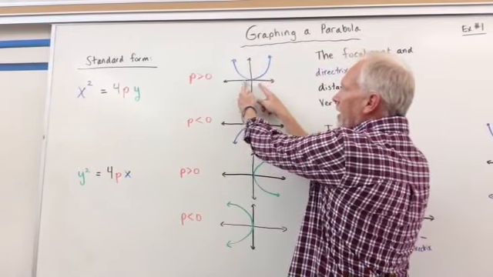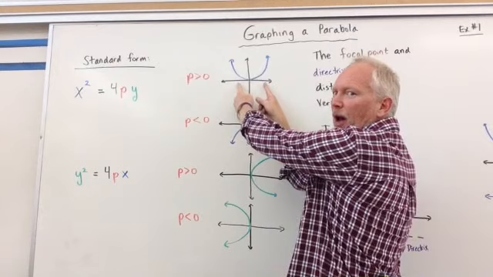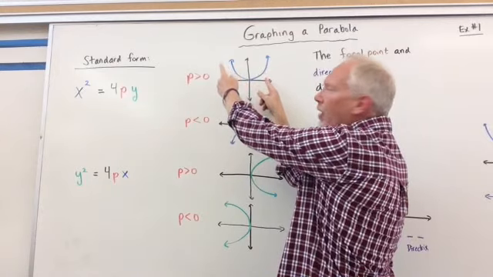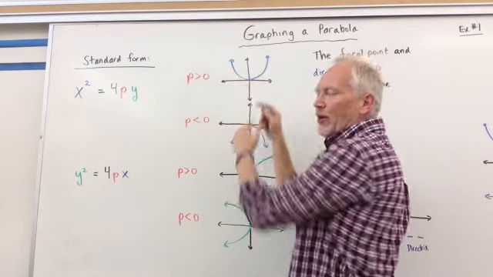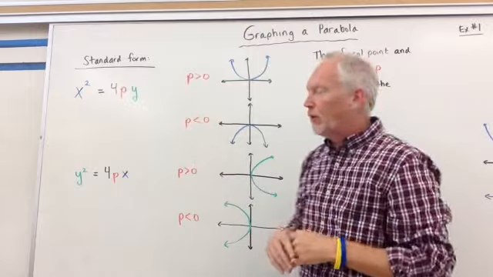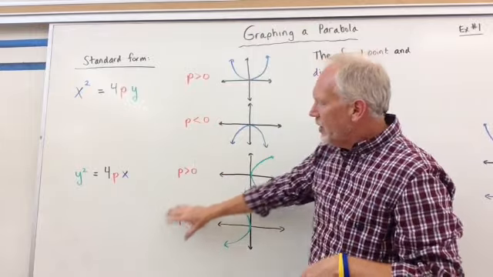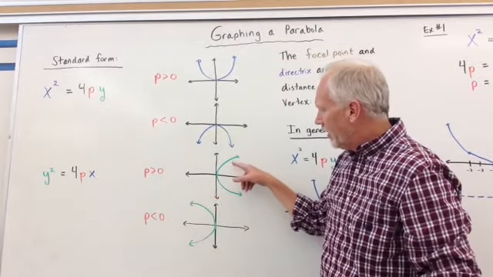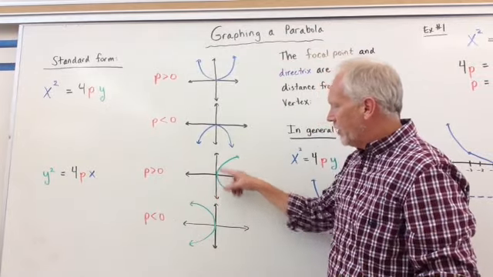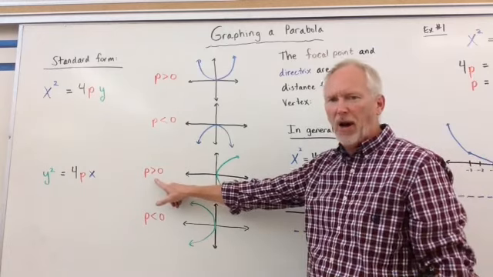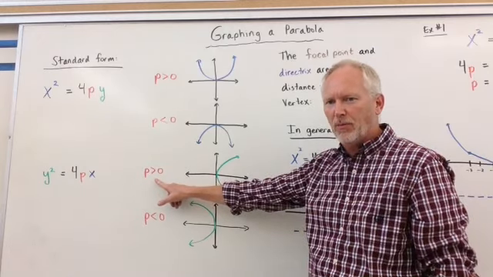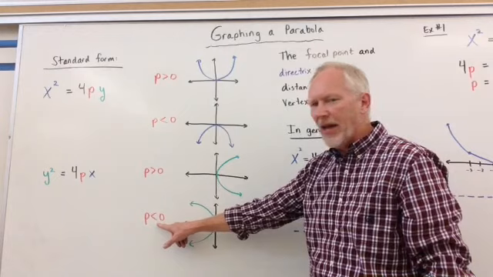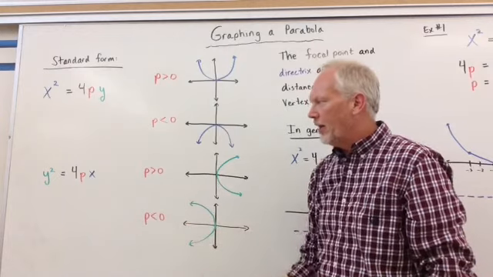If I put in a negative x and a positive x, I'll get two y values that are the same, right? So when we get y squared, we should get two y values, and that's what we do. It opens to the positive x direction if p is positive, or greater than 0, and if p is negative, then it'll open to the left.